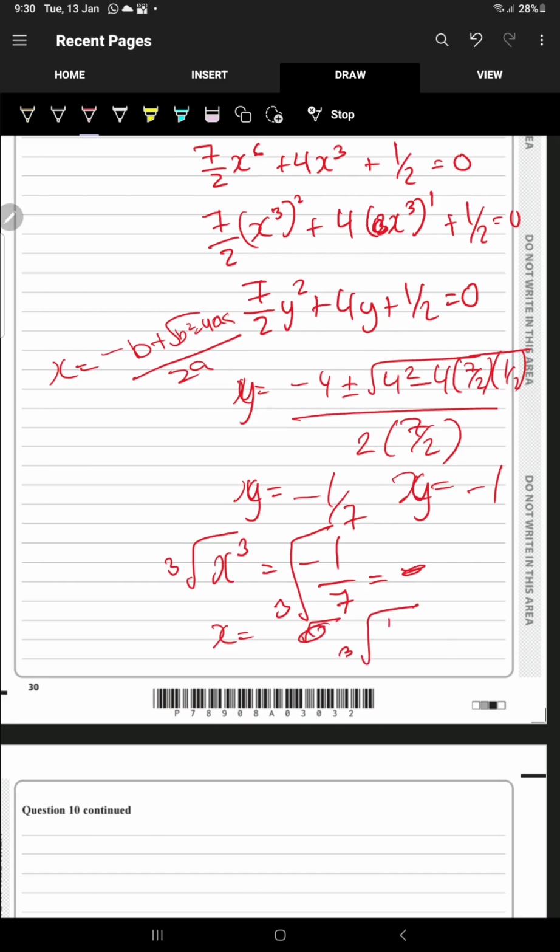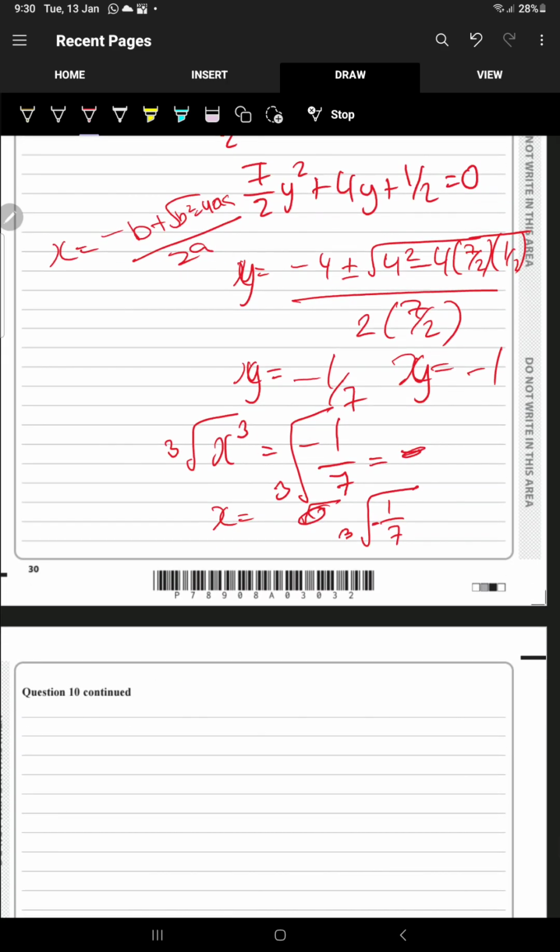You could take the cube root, and the cube root of minus 1 is going to be minus 1. Because if you sub in, you get minus 1. So here are those two solutions.